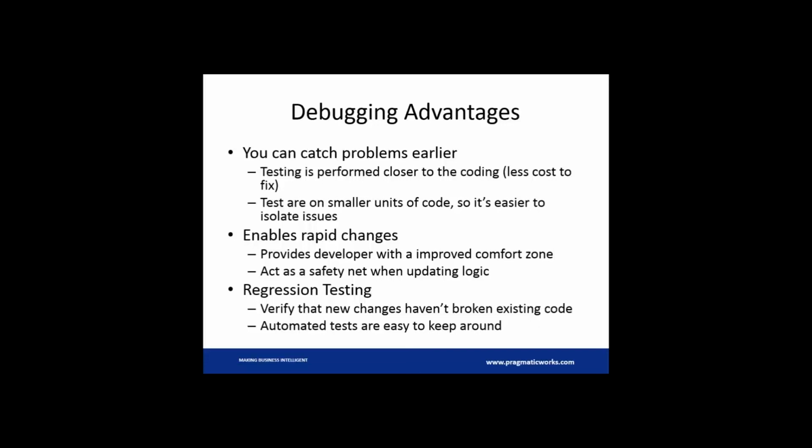So if you have automated tests, then it becomes very easy to execute those tests whenever you need to and verify, hey, all these old problems that we created automated tests for when we introduced the initial fix, we now have coverage to make sure that same issue is not going to show up again.